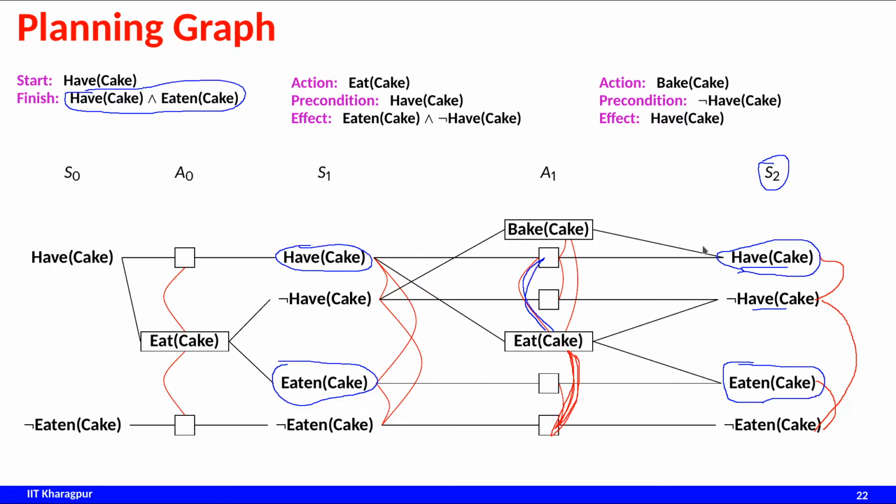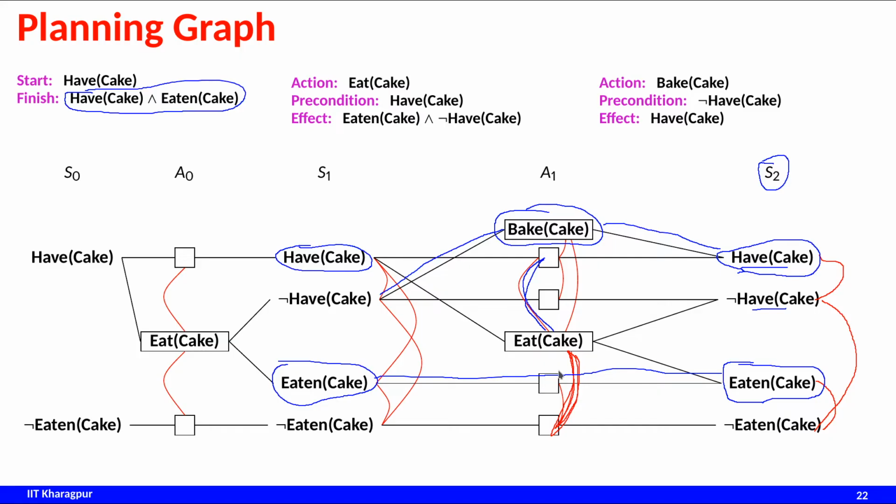Now this have cake can be generated from this bake cake. This is an action which depends on not have cake, and I can generate have cake through this path. And eaten cake can be a persistent event that passes through as it is from the previous level.